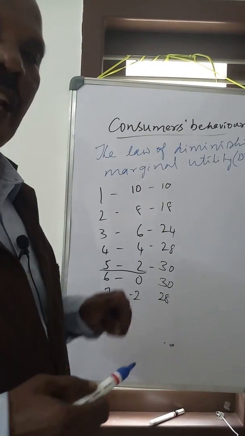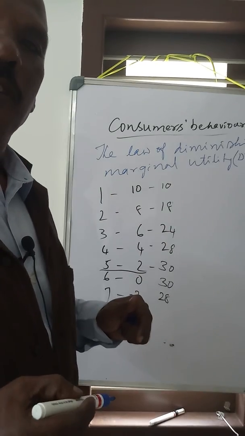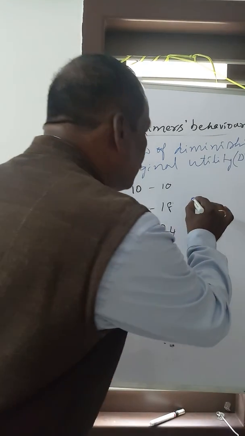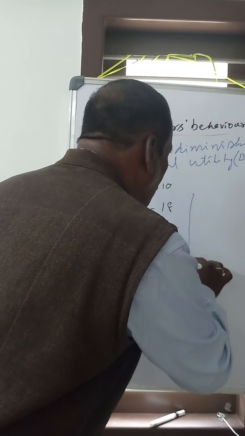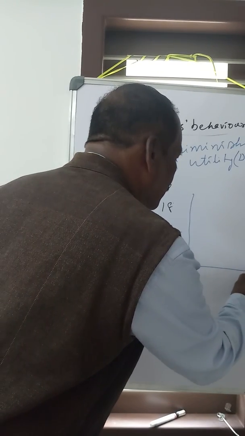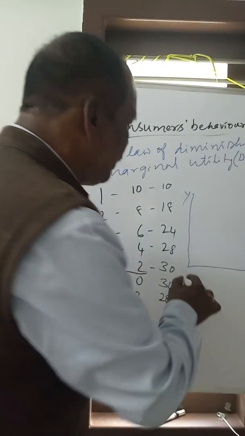So, let's understand this law of diminishing marginal utility with the help of a diagram. This is the OY axis and this is the OX axis.